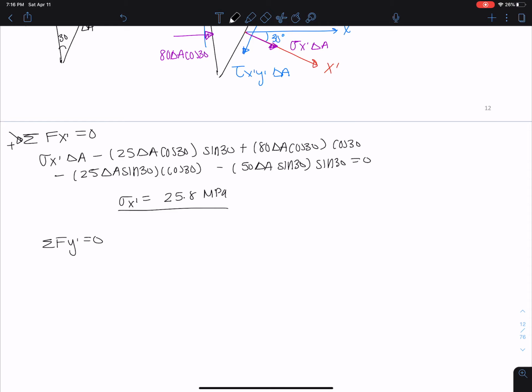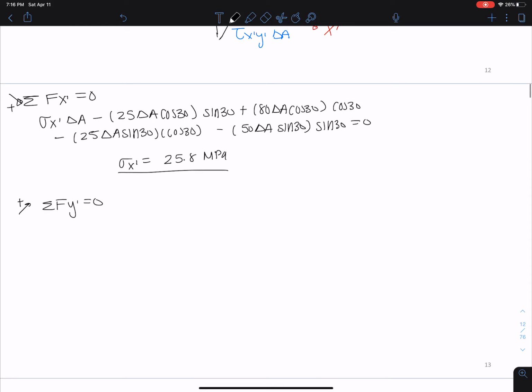And then we can get the sum of forces in the y prime direction the same way. So we can solve for tau x prime y prime delta A plus 25 delta A cos 30 plus 80 delta A in the sine 30 direction.